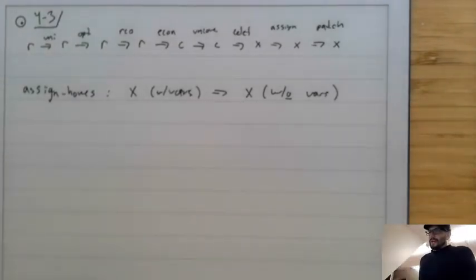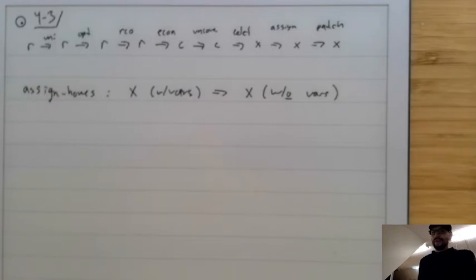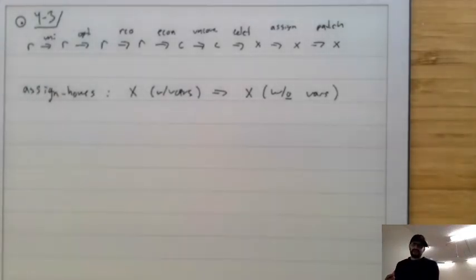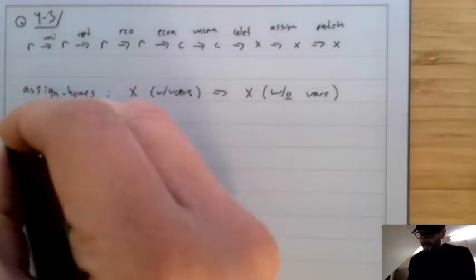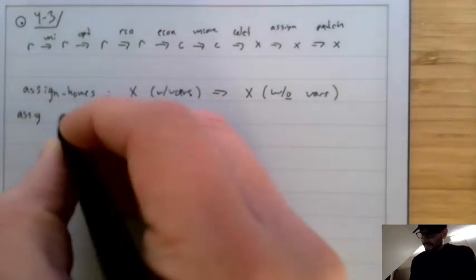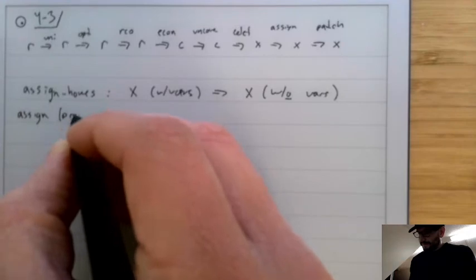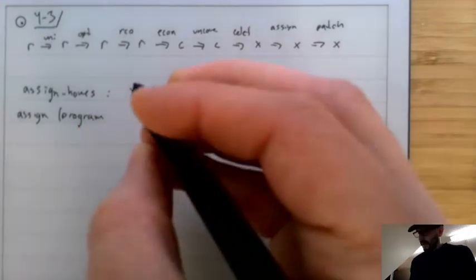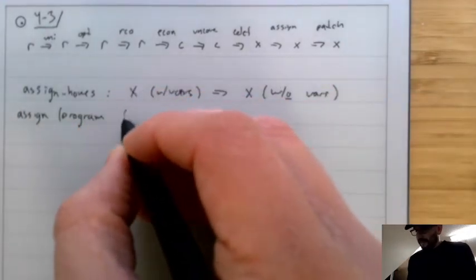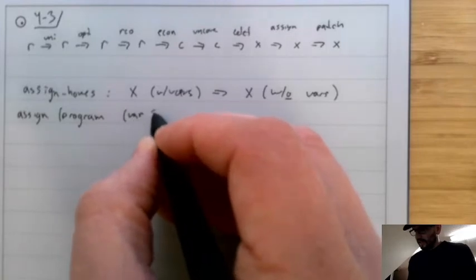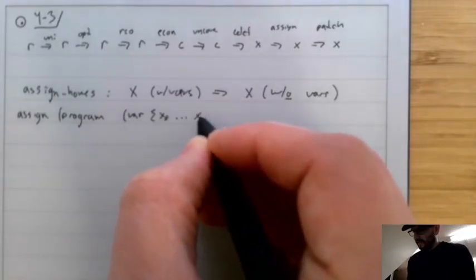So all we have to do is count how many variables there are and know that we need that much stack space. Basically, assign is going to take a program that has some info, which is just the set of variables that it uses, x0 through xn.